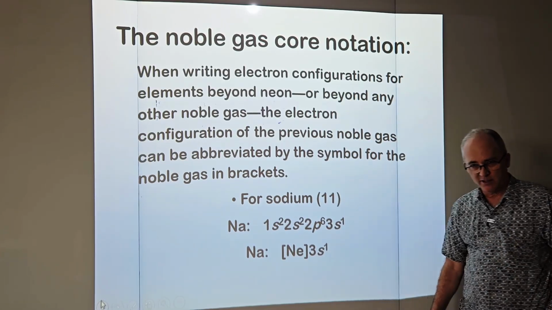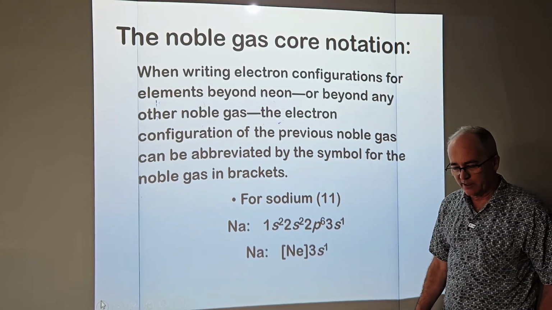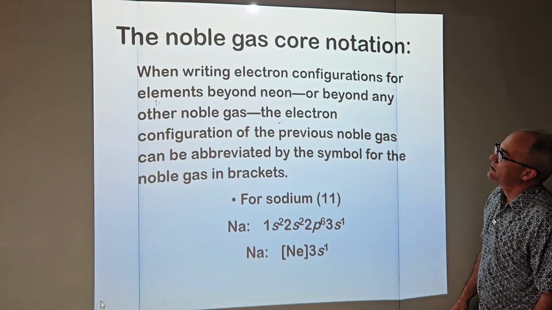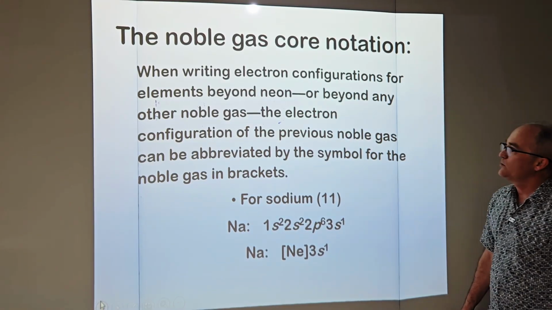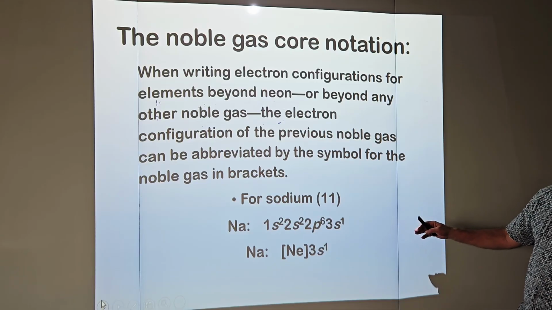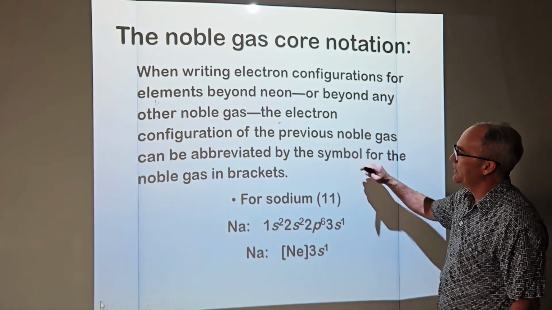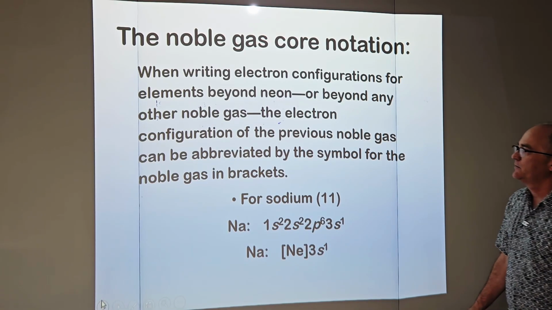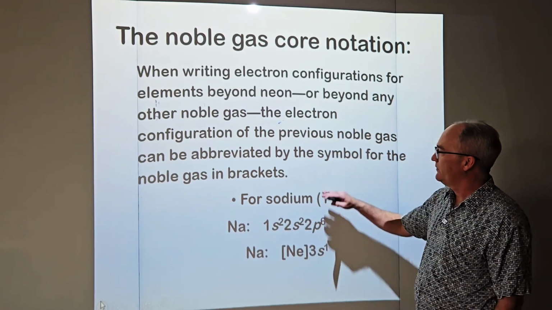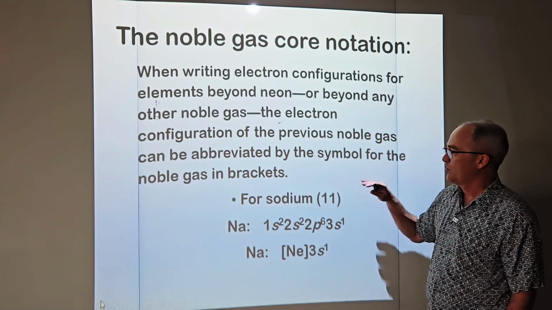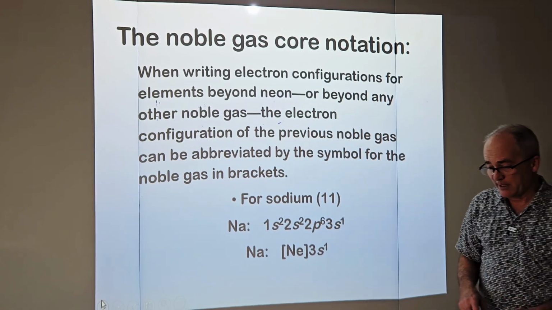And if we want to know the electron configuration of something, we can use a shortcut. It's called the noble gas core notation. When writing electron configurations for elements beyond neon or beyond any other noble gas, the electron configuration of the previous noble gas can be abbreviated by the symbol for the noble gas in brackets.